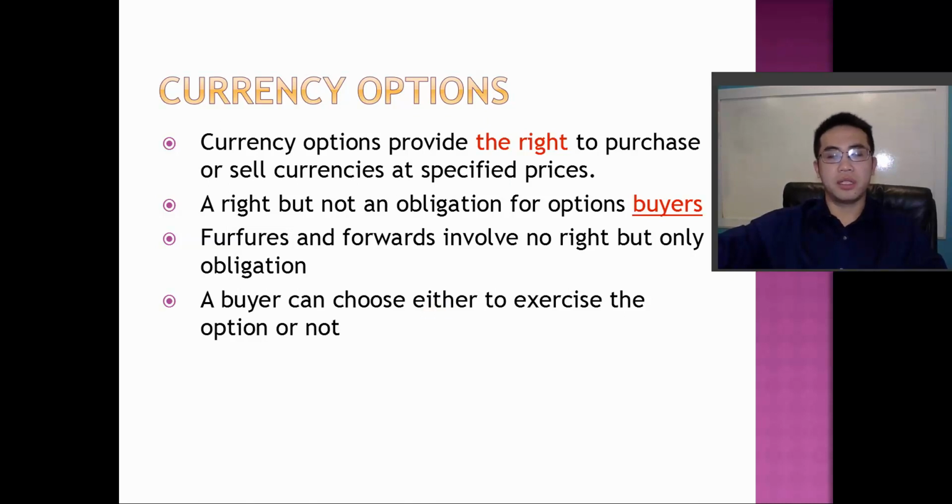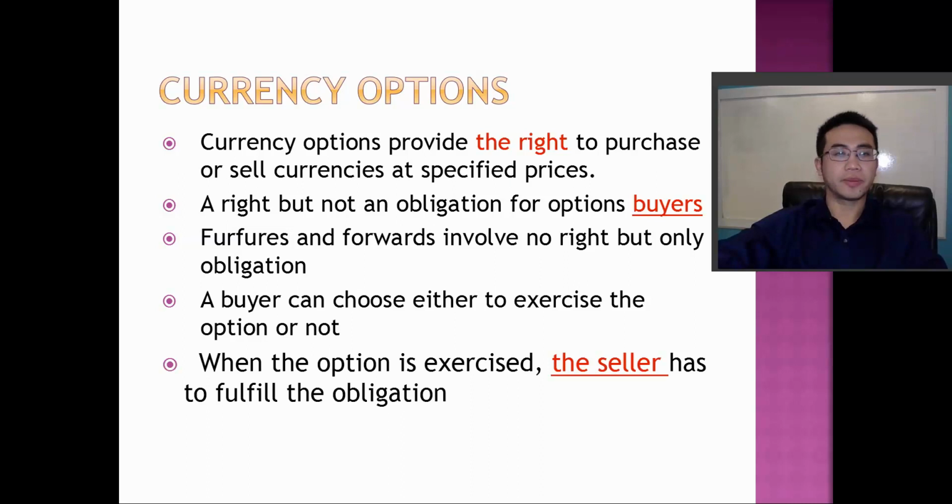If the option is out of the money, in other words, if the buyer exercises the option, he or she would lose money, then that buyer would not exercise the option, because if they don't exercise the option, they have zero profit or loss. If they exercise the option when it is out of the money or in a very unfavorable position, then they would incur a loss. Zero is better than a loss.